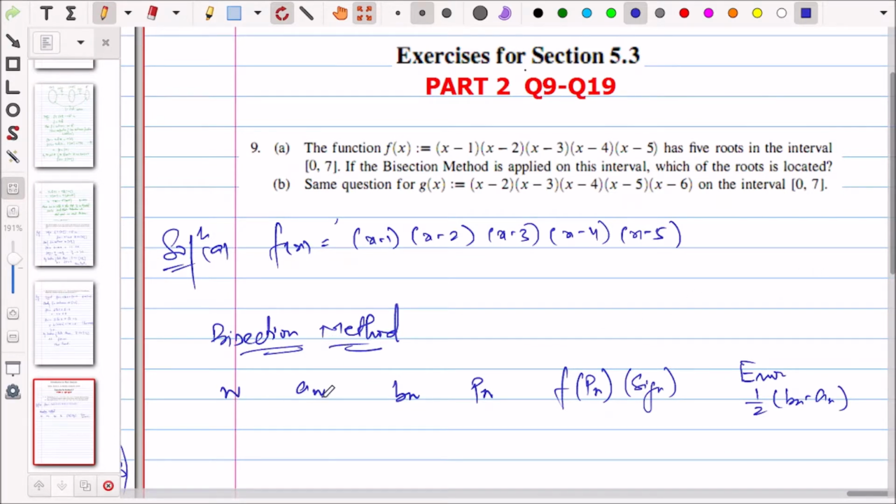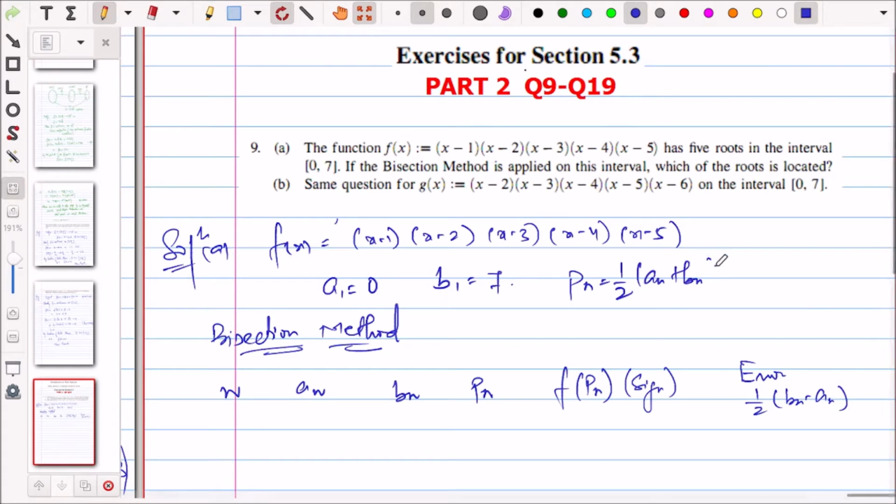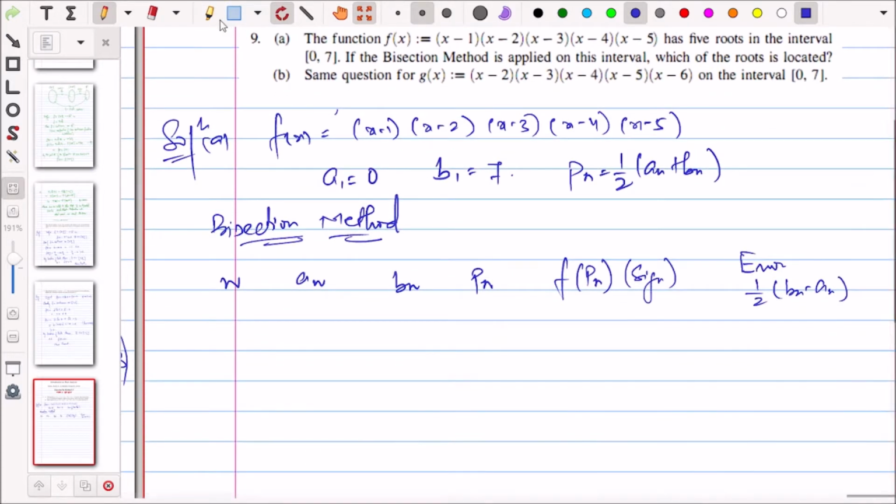So these are the things that we use in the bisection method: n, an, bn, pn, f of pn, sign, and the error. The initial iteration has a1 equal to 0 and b1 equal to 7, and pn is the midpoint of an and bn. The error is half of bn minus an, but right now we don't need it, so we can exclude it because we are not asked anything about error.